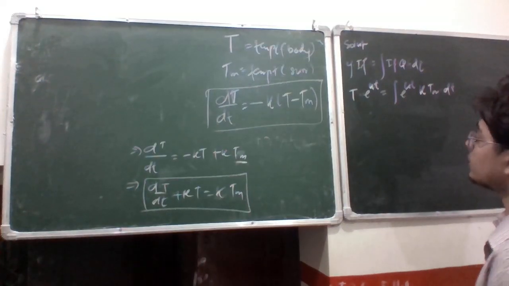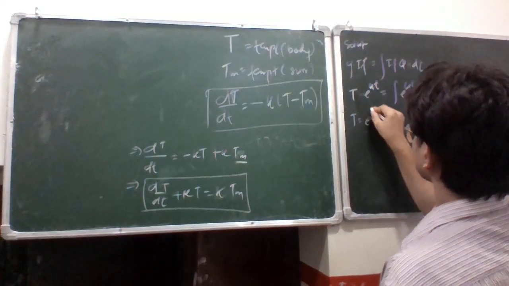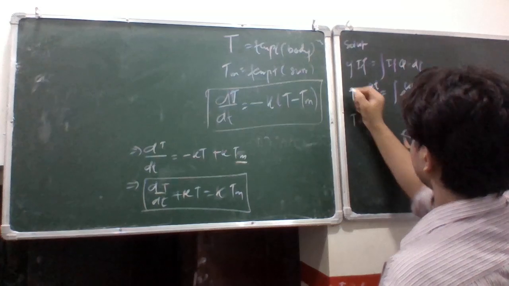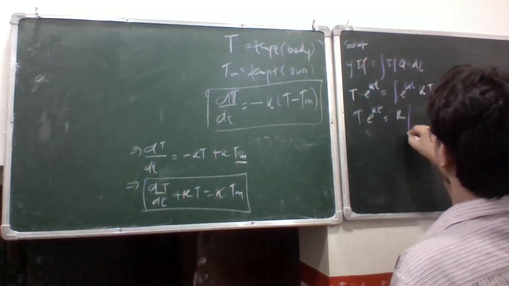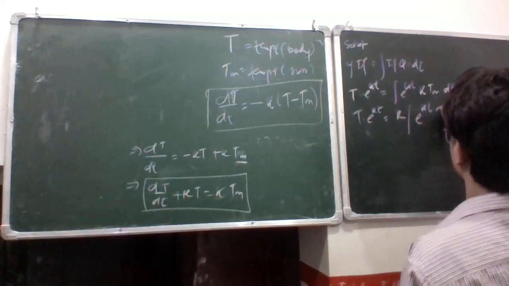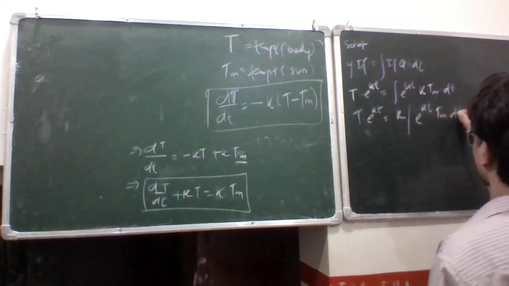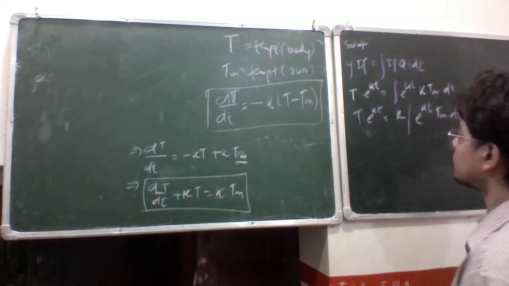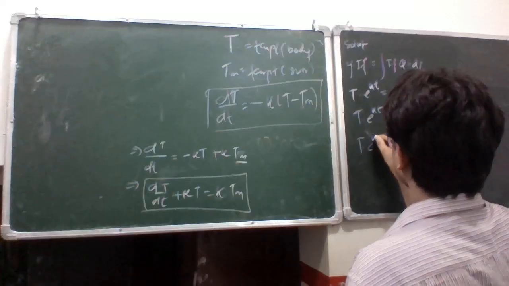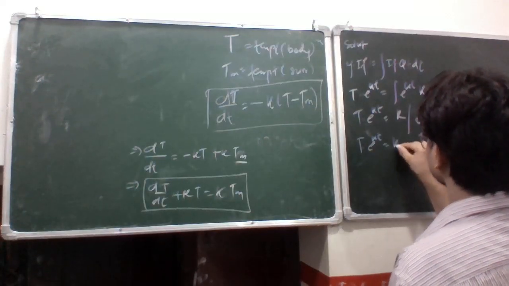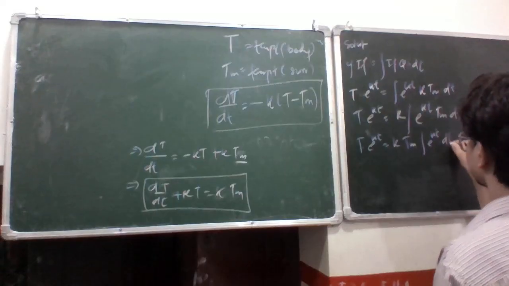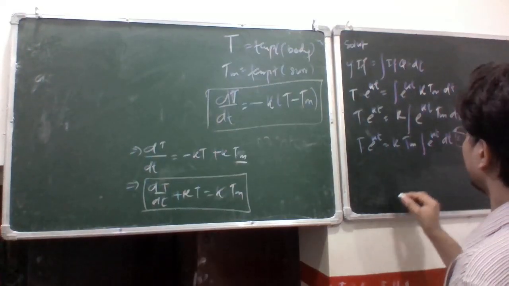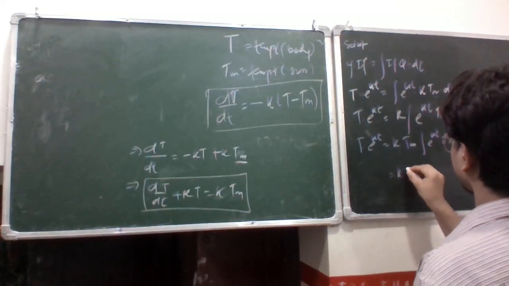K being a constant comes out of the integration sign, and we have already assumed that the temperature of the surrounding is also constant, so this will also come out. It would be just k Tm.